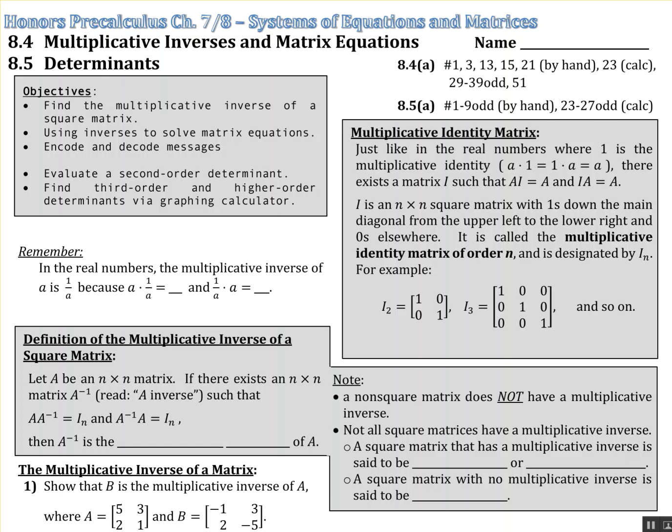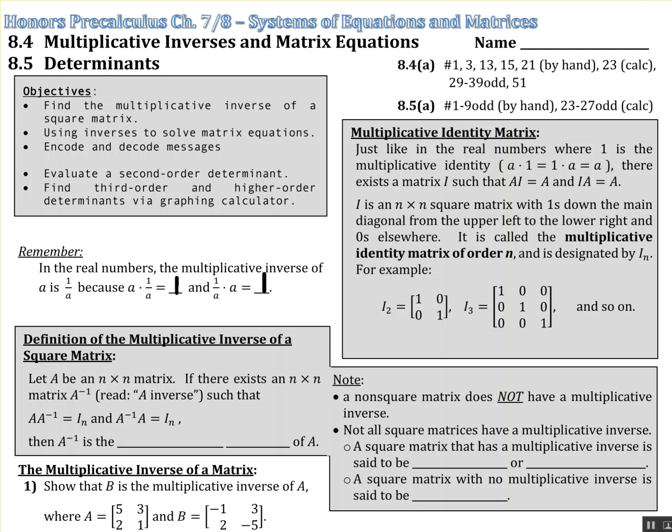All right, so first off, remember what the multiplicative inverse is in the real number system. In the real numbers, the multiplicative inverse of a is 1 over a, because a times 1 over a equals 1, and 1 over a times a equals 1. If we multiply something by its inverse, we get back to 1.